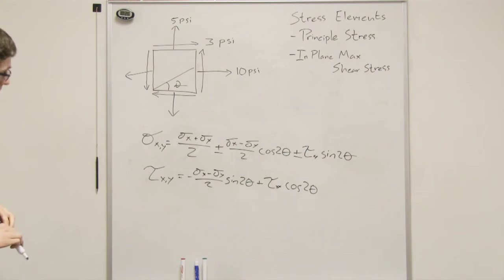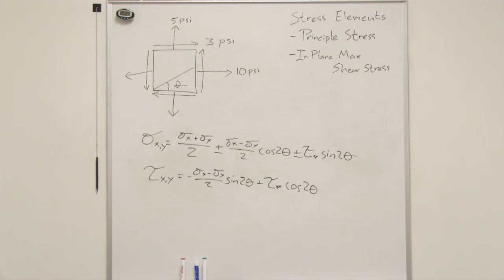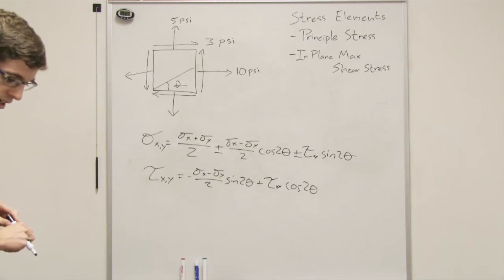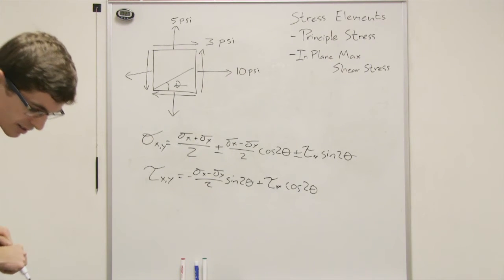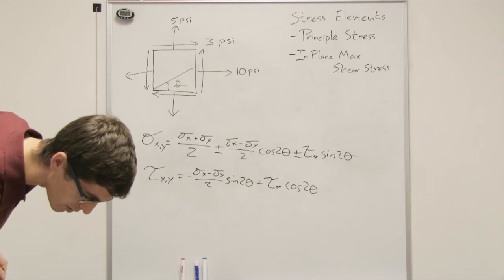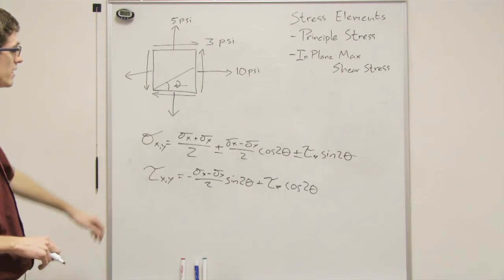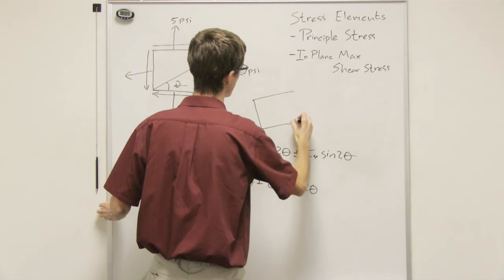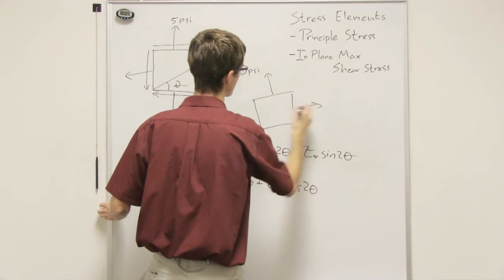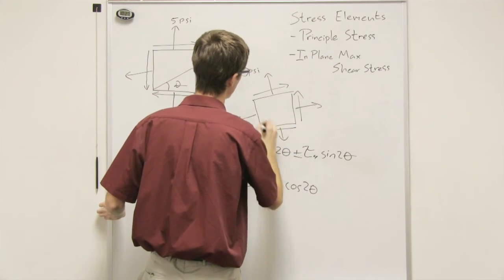Just for a quick example, if we have this stress element and we want to figure out what the new stresses are if we rotate the axes 15 degrees. So if I rotate this 15 degrees, you can imagine this piece rotating so that it looks more like that. 15 degrees isn't a lot.